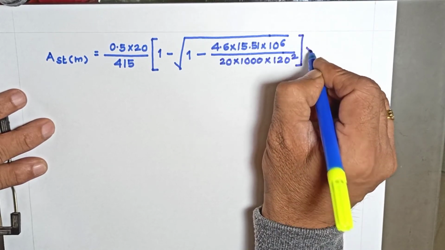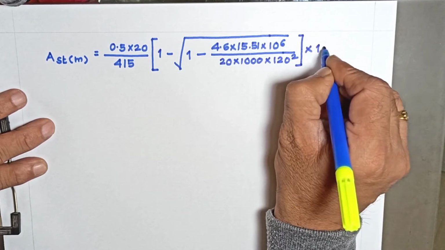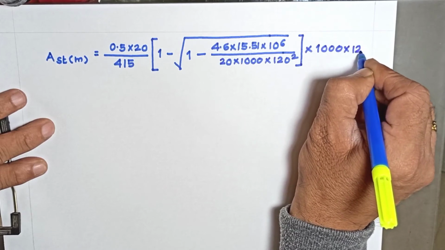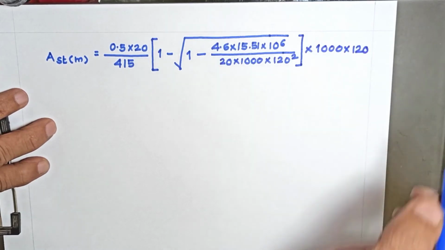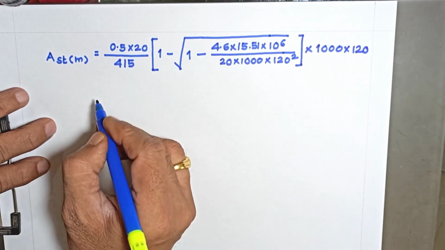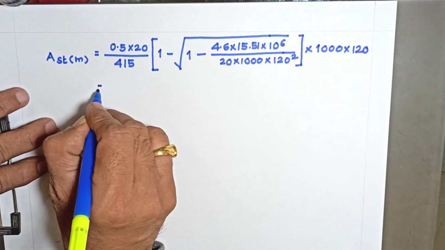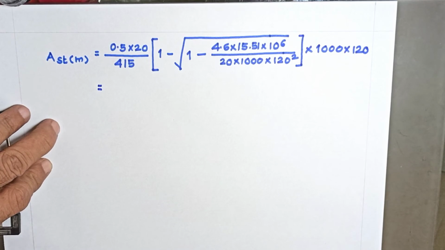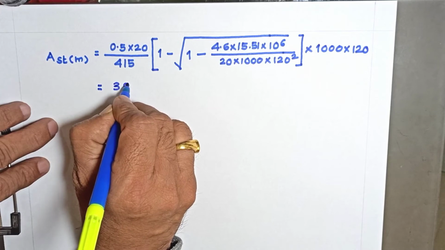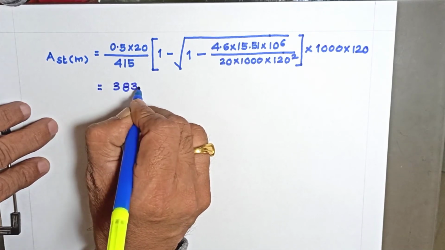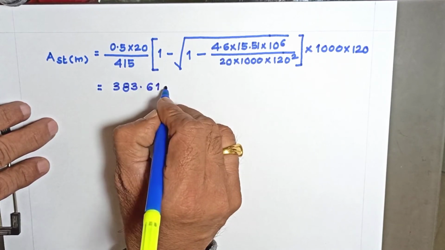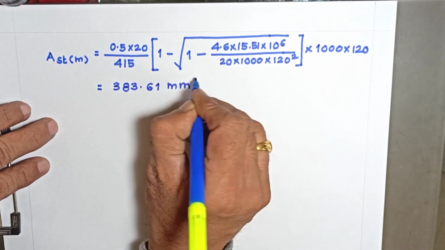Rectangular bracket complete into B into D. So again B is 1000 into D is 120. Okay. So this is the very, very important formula, and you must have a practice to calculate it. It comes out to be 383.61 mm square.